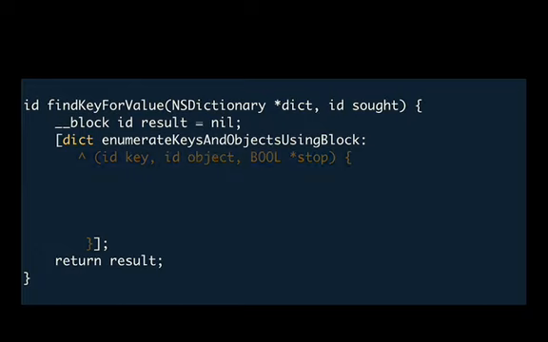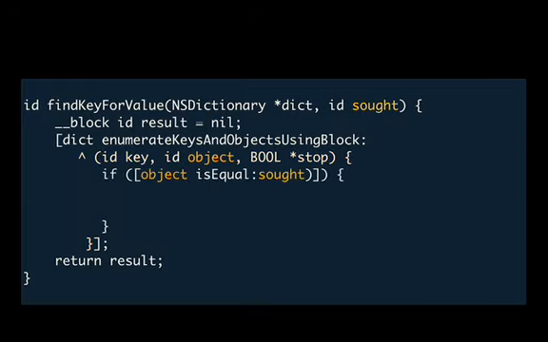And it will pass to the block the pairs, the key and object pairs, as long as the stop variable is left alone. So in this case, we want to see whether or not the object passed in matches the sought-after object, and if it is, we set the result to key, set the stop variable to say, no more, we're done, quit now, we're happy, and the enumerate keys and objects method completes, and we return the result.